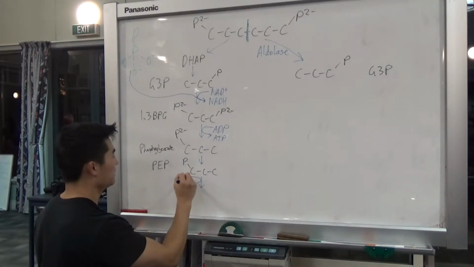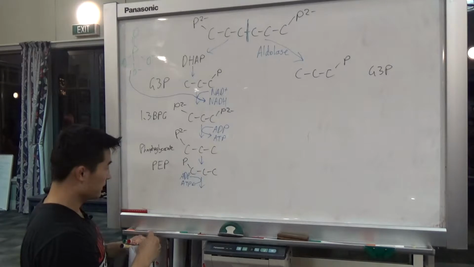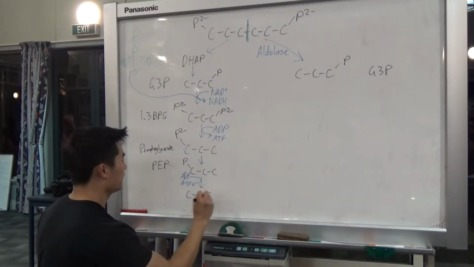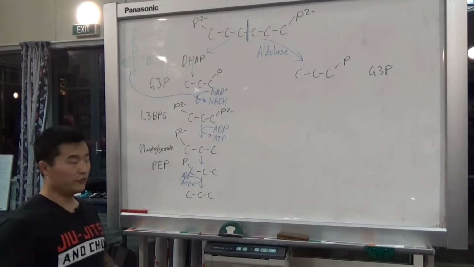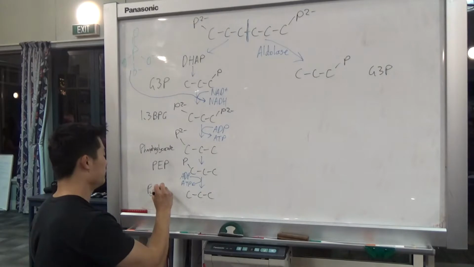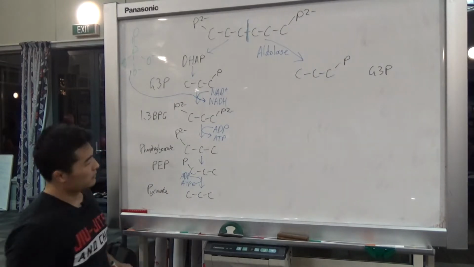So we'll get an ADP and we'll create an ATP. Okay, so then you're going to end up with a 3-carbon molecule which has no phosphates on it, and that's called pyruvate.